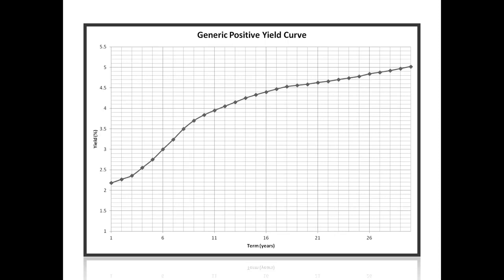But you would think that as the term increases, the yield that one would be willing to lend their money at would also increase. So for 1 year, we said that the yield is about 2.3%. And then as we would go clear over to the 30-year mark, we can see that the 30-year mark is around 5%. So if you were going to lend your money for 30 years, you would get 5% on your money based off of this yield curve. So you can see how that changes over time.